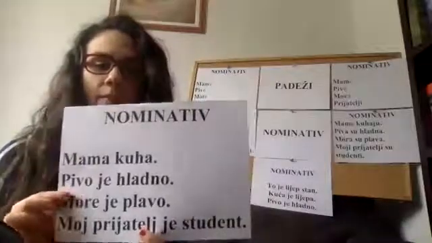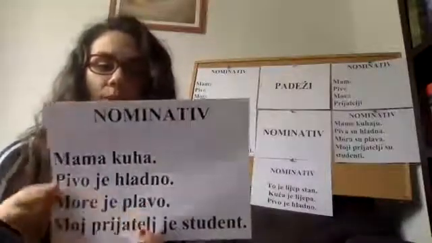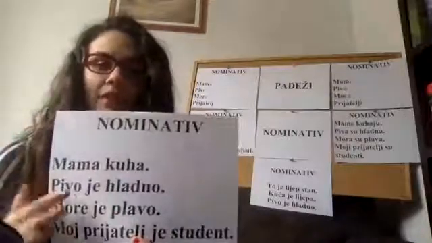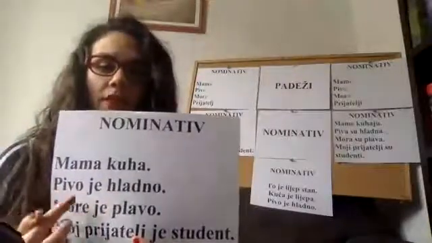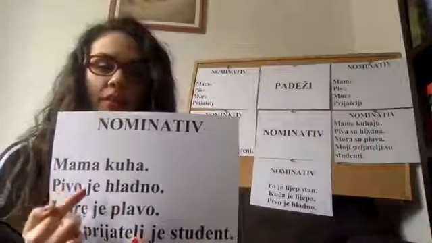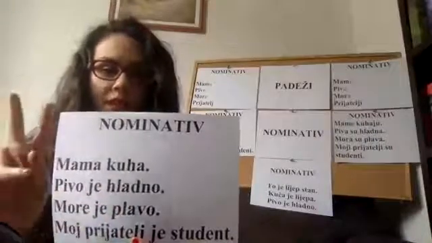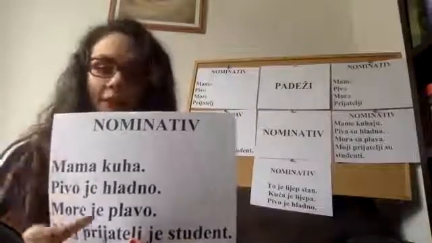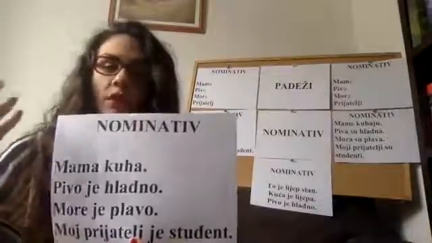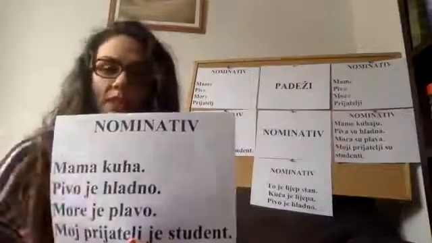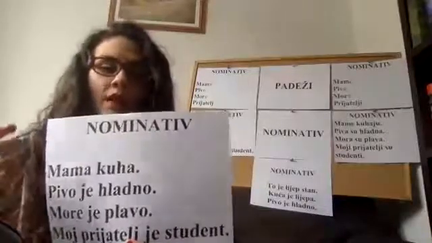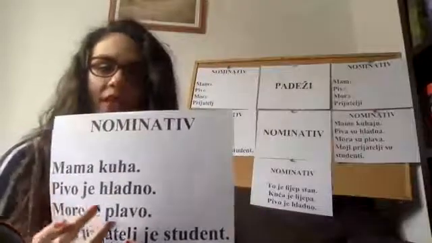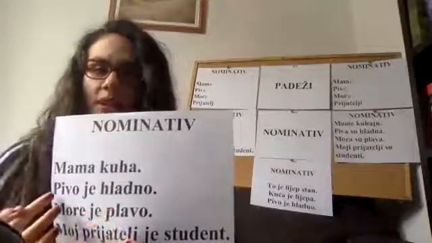Then, pivo je hladno. Beer is cold. Pivo je hladno. Beer is cold. That was the second context I mentioned in the last video. When we describe stuff. So we start to learn the language, we learn words, the meanings, the gender, and we try to describe everything we see. Pivo je hladno. So we are describing the beer.